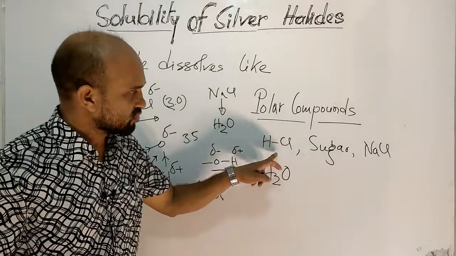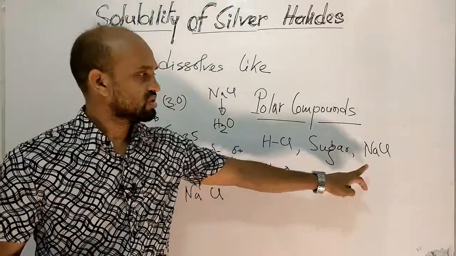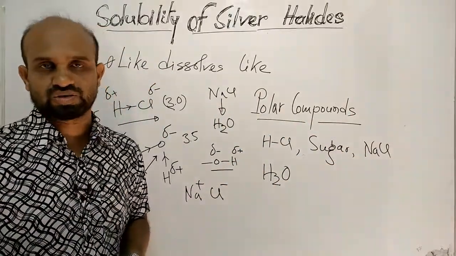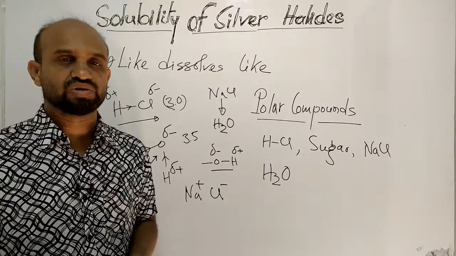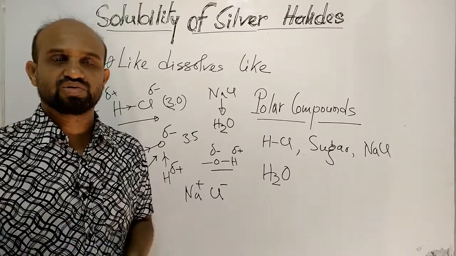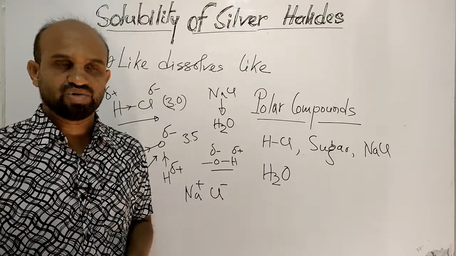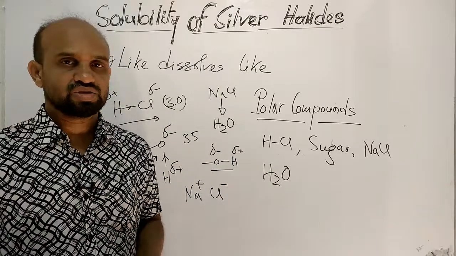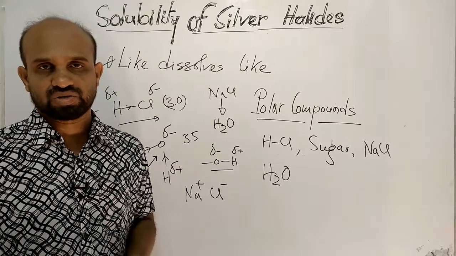Here these are polar solutes: hydrogen chloride, sugar, sodium chloride, and water is polar solvent. Water is called universal solvent because of its high capability to dissolve many kinds of substances in it. So this is about polar solute dissolves in polar solvent.